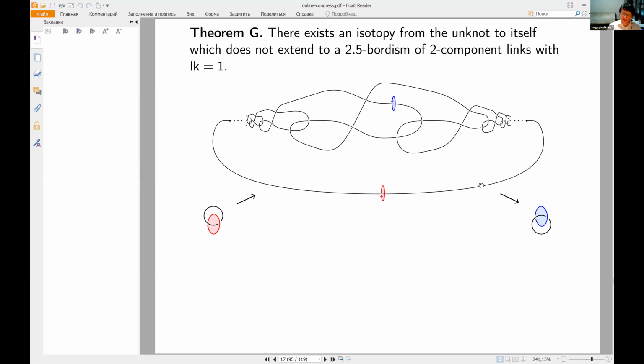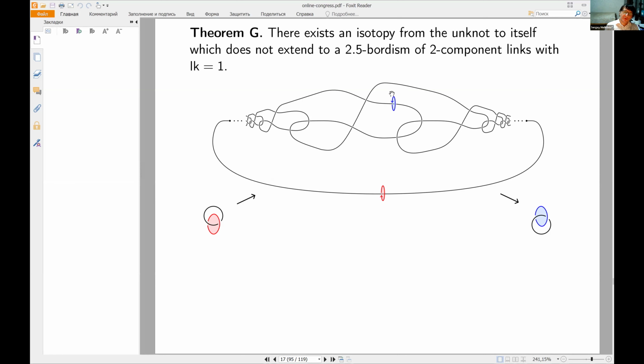You take this wild link drawn in the picture and two meridians of it, and then for each meridional disk, you can push the remaining part of the link away from this disk until it shrinks to a point, in the same way as the isotopy that we had on the first slide. And this gives you an isotopy to the unknot.